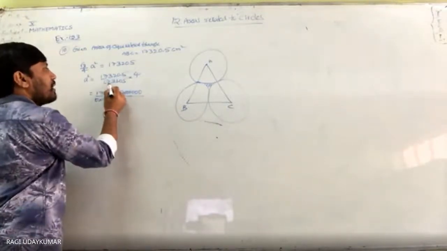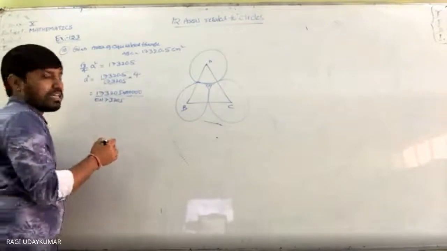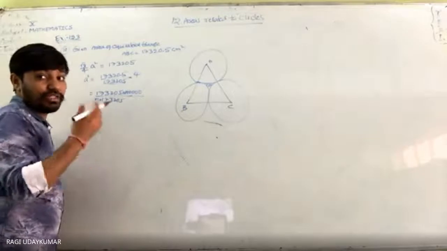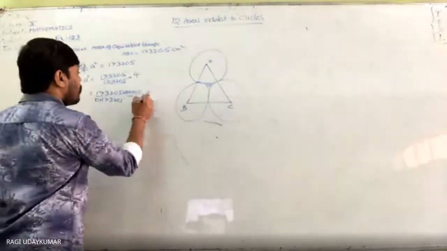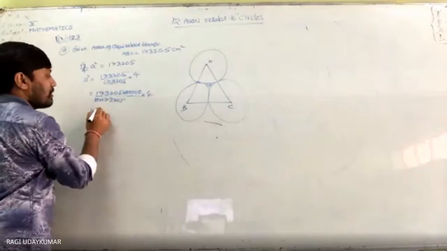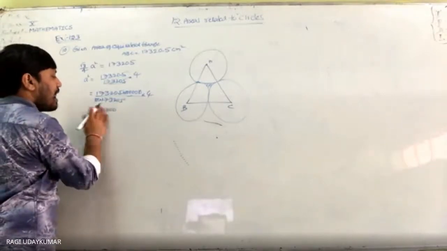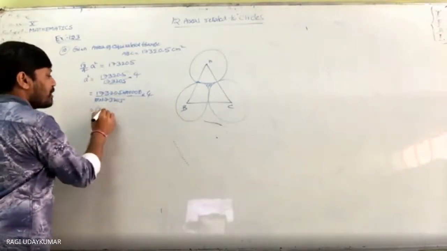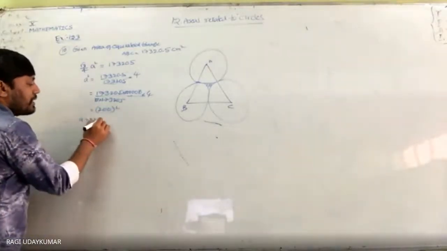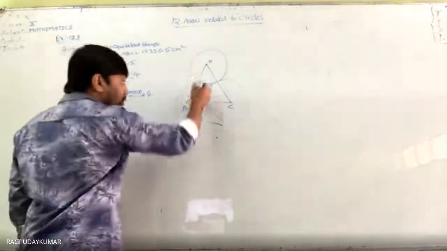After that 5 digits, 5 zeros number we are going to get, into 4. So this will get cancelled, then we are going to get 40,000, or 4 into that can be written as 200 whole square. So a is equal to 200, that is nothing but the length, 200.